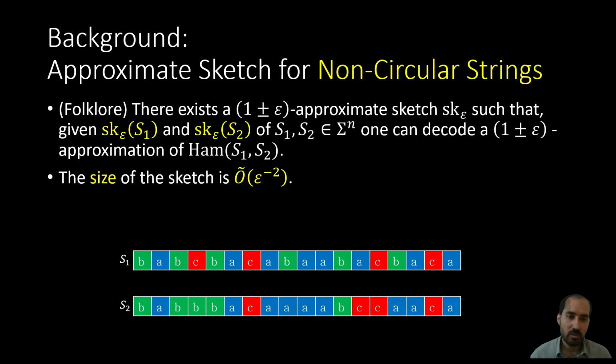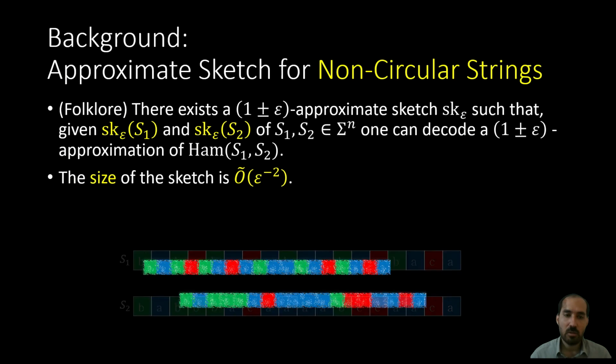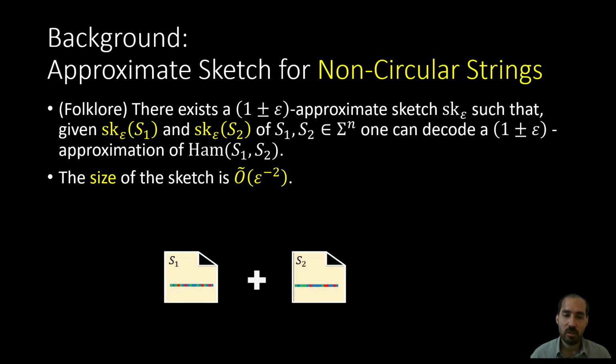So as a background, note that there is an approximate sketch for regular strings, non-circular strings. If we are given S1 and S2, then there is a sketching scheme such that one can maintain just the sketch of S1 and the sketch of S2.